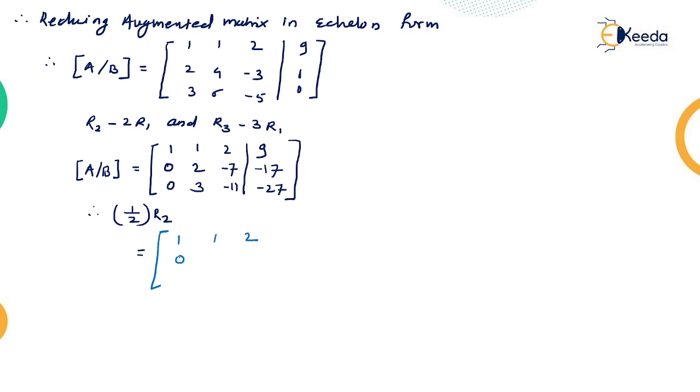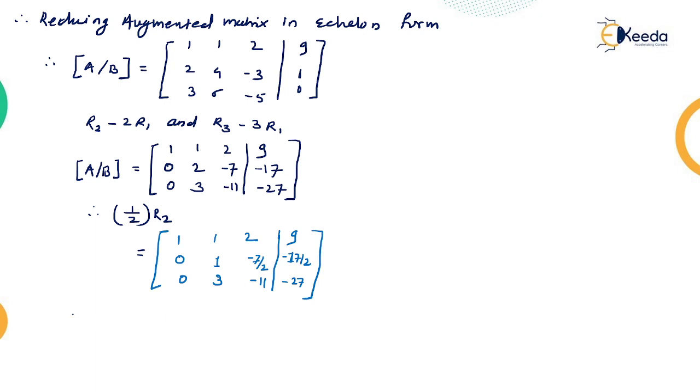So 0 divided by 2 becomes 0, 2 divided by 2 becomes 1, minus 7 divided by 2, and minus 17 divided by 2. Okay, this changes by using 1 by 2 R2. The third row, 0 3 minus 11 and minus 27, remains as it is.